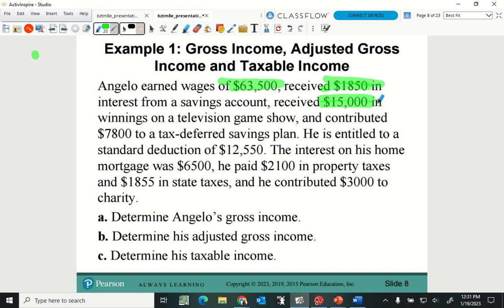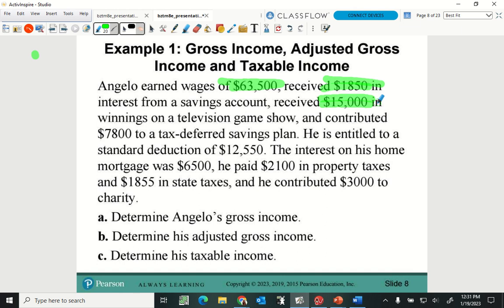The next thing he says is contributed. That means Angelo took from his money and put it somewhere else. When you're contributing something, you are taking it and sending it away, so it's not going to be part of gross.